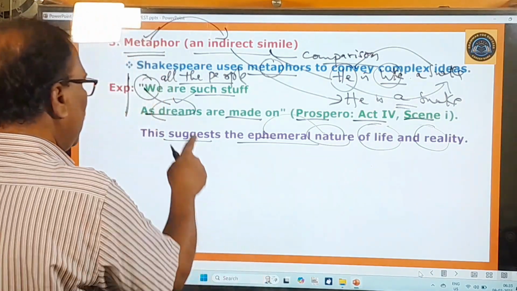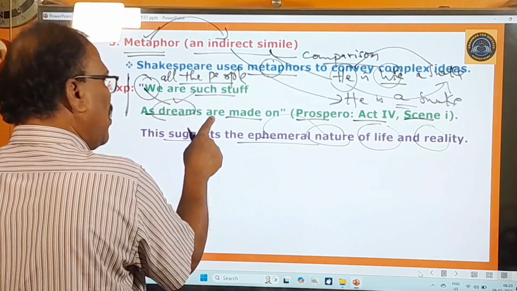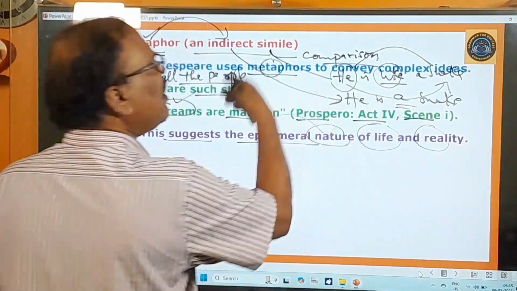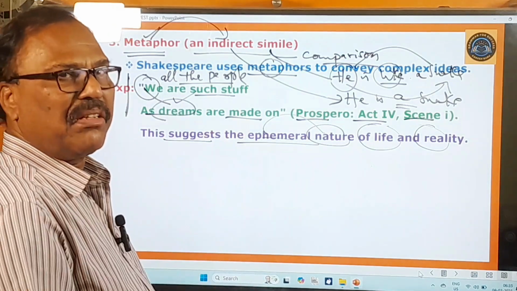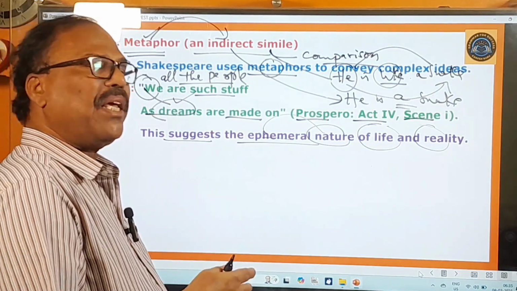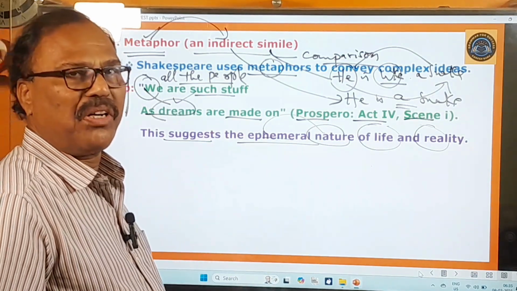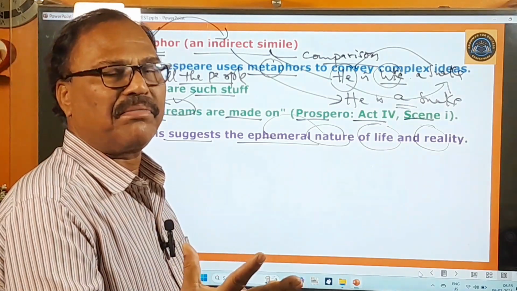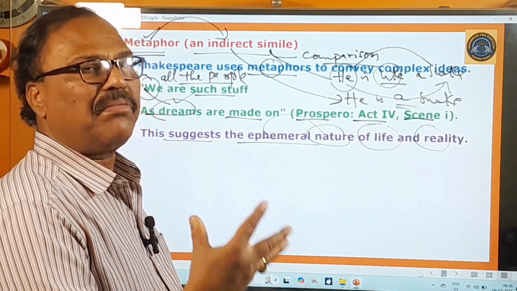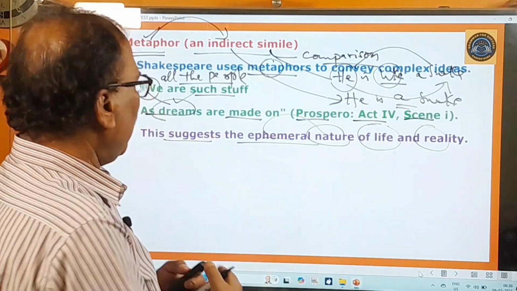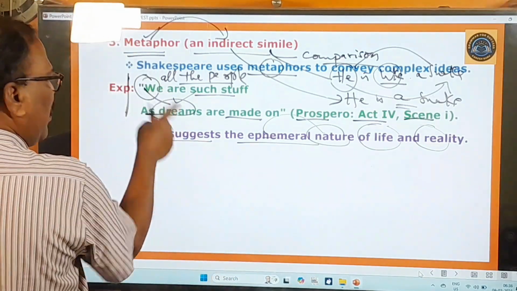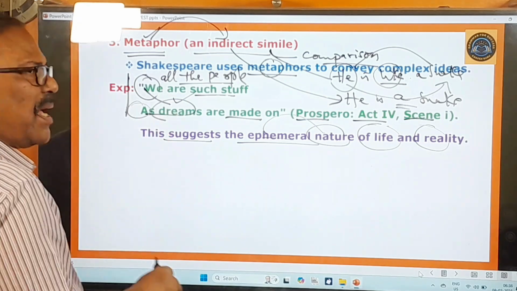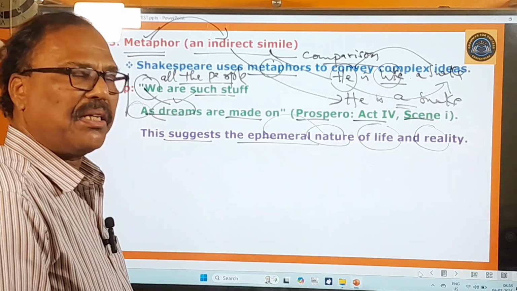This tells us all about the ephemeral nature of life and reality. That is the only reality. Our day is fixed, though we do not know that day. But someday we will have to depart from this world. So in this way, our human life is very temporary and very short-lived. That is the metaphor you can find in this. So the people are compared to the dreams that come at night and disappear at day.